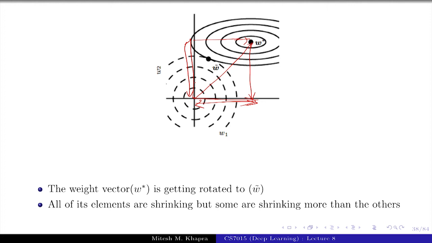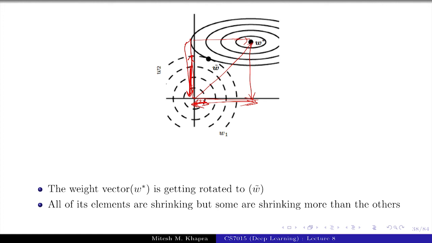Now, after this regularization, what are the new coordinates for W1 and W2? This is the value of W1 and this is the value for W2. Both of them are admittedly smaller than the original values for W1 and W2 in the absence of regularization. Are both of them equally smaller?